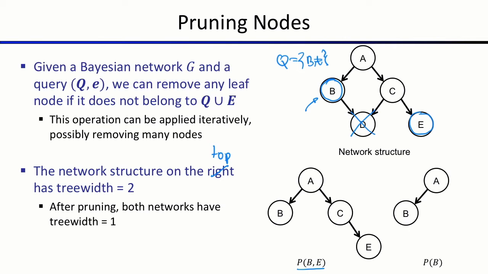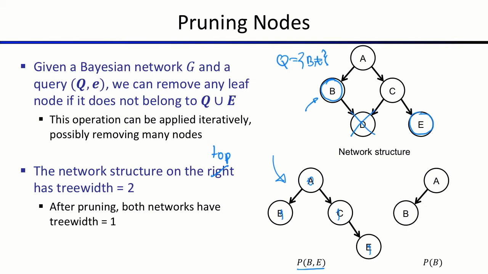So the only node that can be pruned is D. In this case, pruning just one node, D, was enough to reduce the tree width to 1, because the resulting network is a polytree, and it has 1 parent here, 1 parent here, 1 parent here, and 0 parents here. So it's a polytree where the maximum number of parents is 1, so it has tree width equal to 1.